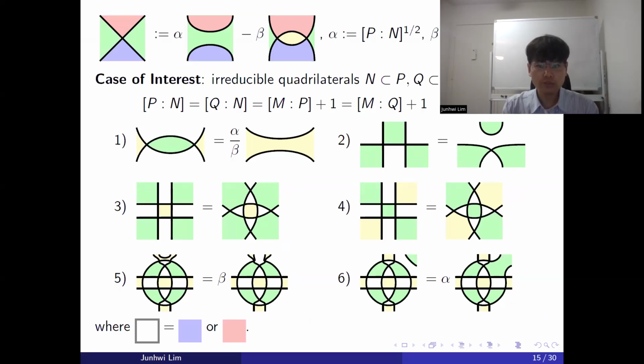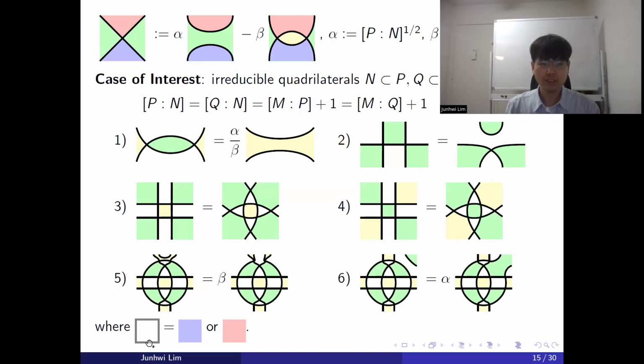And if we use the diagram, then we get easy expressions for the previous analytic conditions. Under the index restriction, which was condition 1, and irreducibility, the remaining 4 conditions are equivalent to these 6 skein relations.